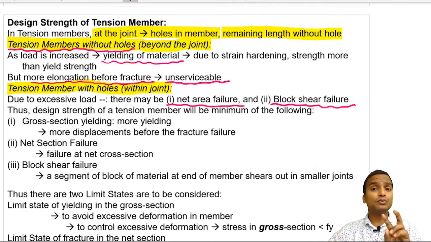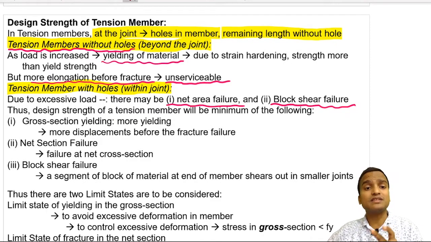So there are two kinds of failures of tension members associated with excessive load, and this happens near the joint, where there are holes provided. Net area failure and block shear failure we will discuss very soon.